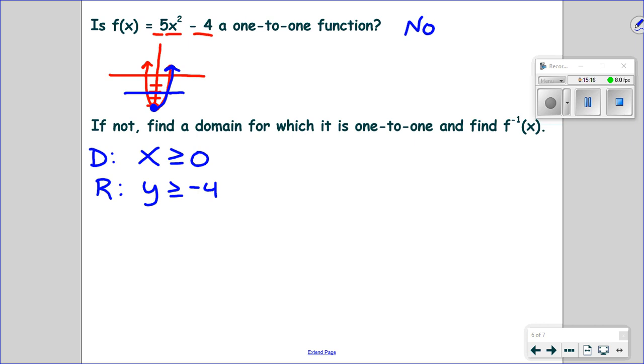Since we have found a domain for which f of x is one-to-one, we can now find the inverse of f of x. So I'm going to do that the way I know how. I'm going to switch my x and y, solve for y. So replace f of x with y. Switch x and y.